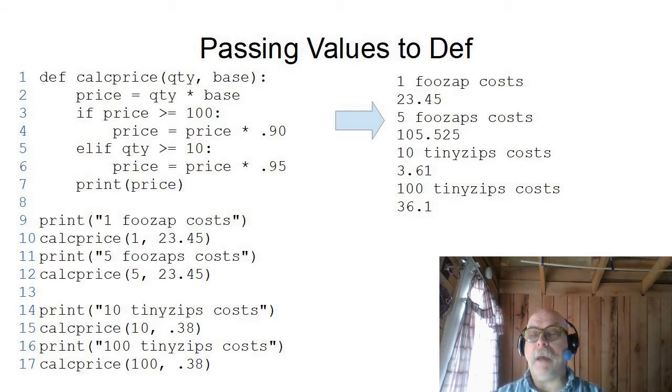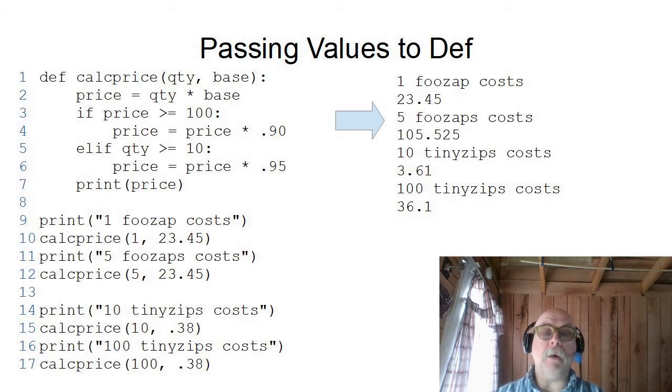You then see down below on line 14 and 15, I print the words 10 tiny zips cost, and tiny zips only cost 38 cents a piece. So if we sell 10 of them, that would be $3.80.